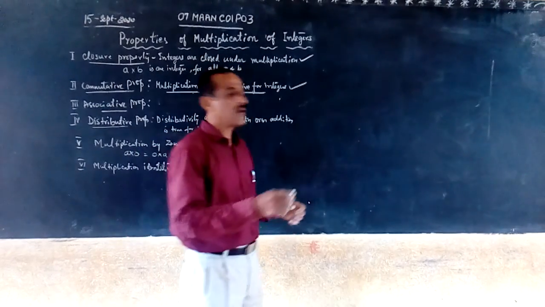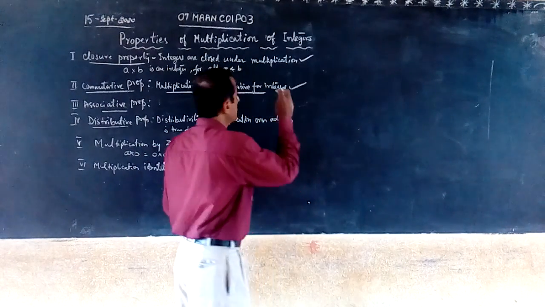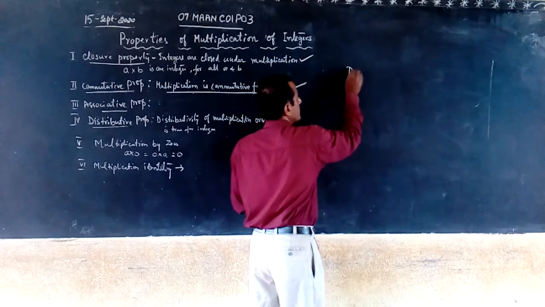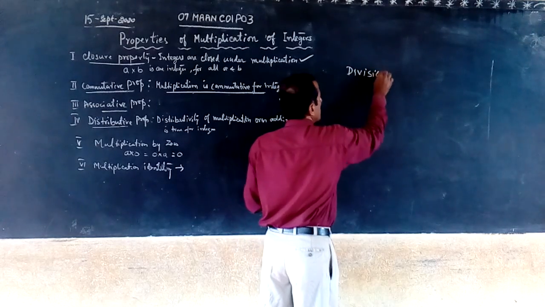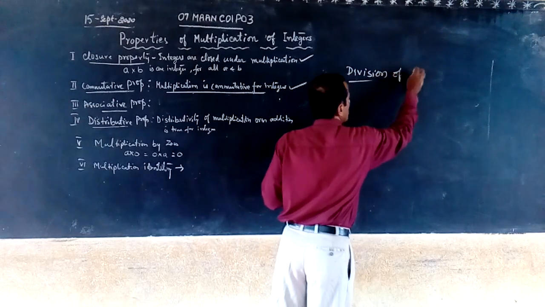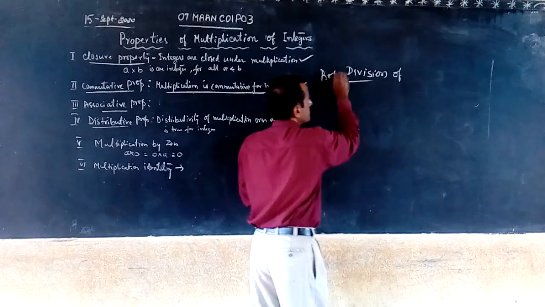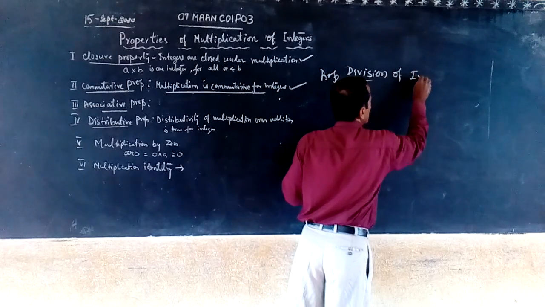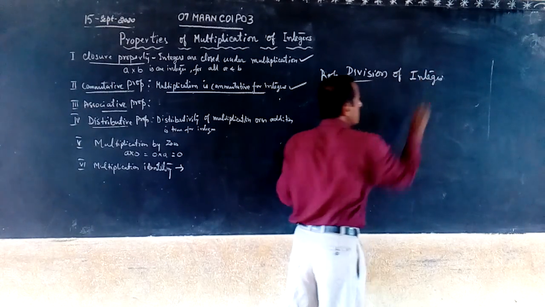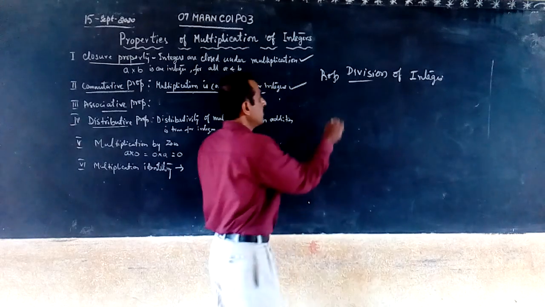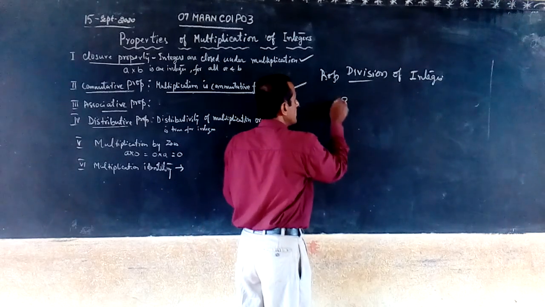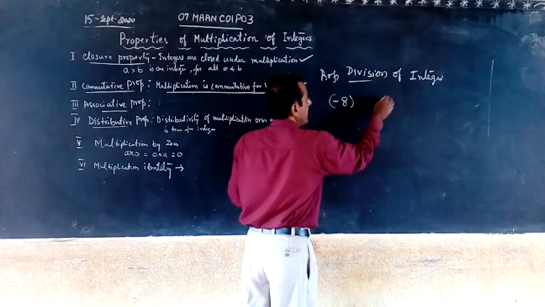See, closure property, what happens for division of integers. For example, I will take two integers, let us say minus 8 and 4.